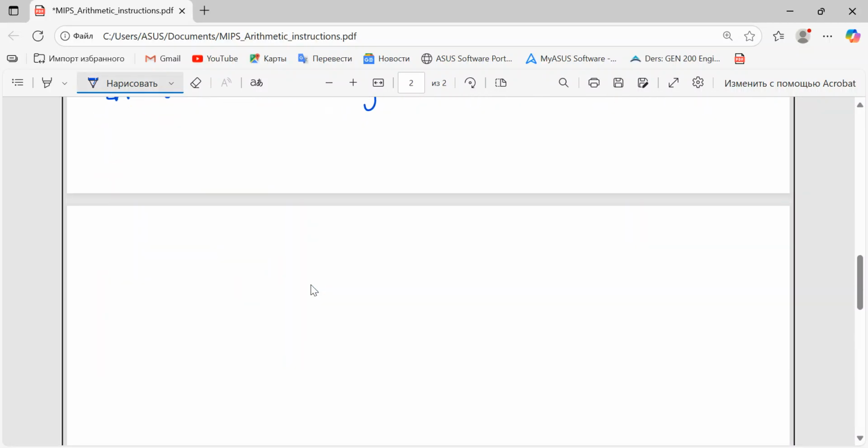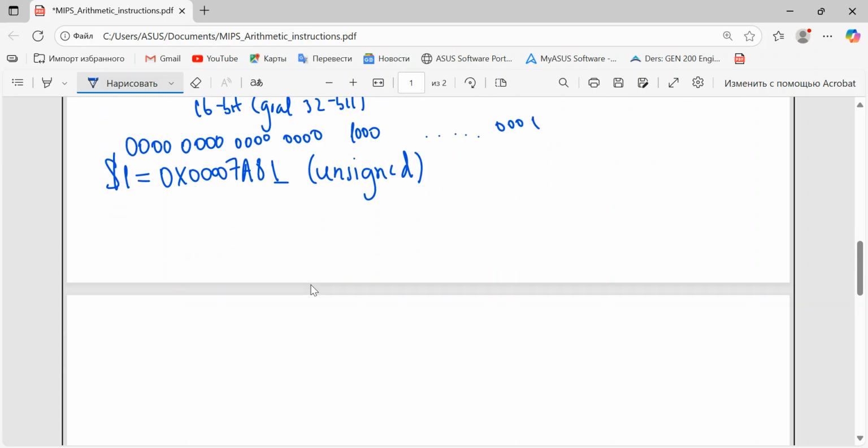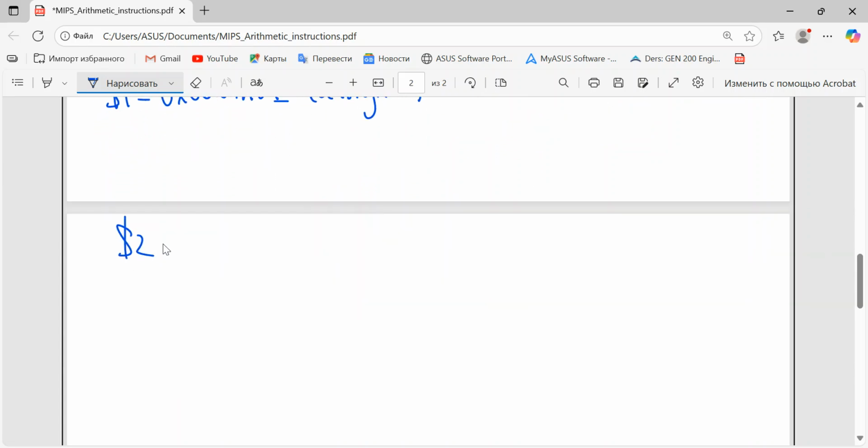All right. But what if we have signed addition, let's say? $2 is going to be 0xF1. Okay, that's an 8-bit value, and we want to extend it to 32 bits. What do we do for that? We have to display its binary representation. The first bit is 1, so the number is negative.